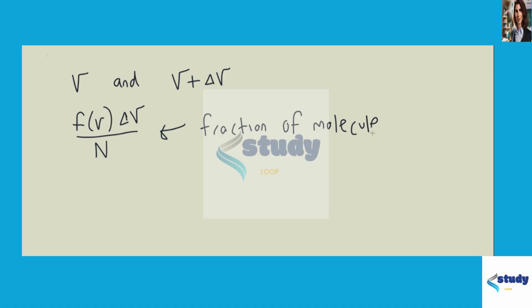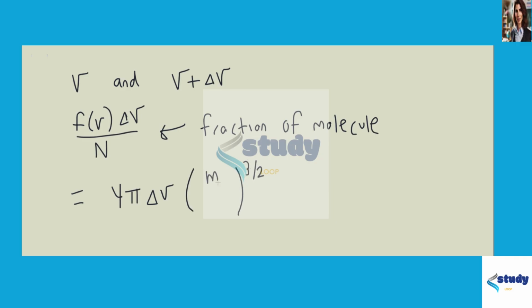Now, if we compute this, I'll lay it out using our Maxwell distribution, expanding this whole thing. We can say that that is equal to 4 pi delta v times that constant to the 3 halves, which I'm not going to write.